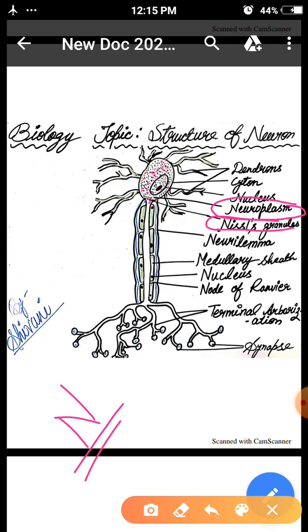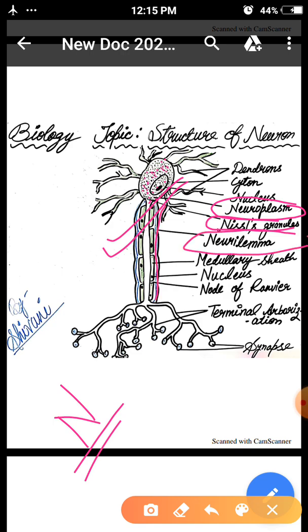And what is the main function of Nissl's granules? Actually, in a nerve cell or neuron, these Nissl's granules do protein synthesis. The main function of Nissl's granules is protein synthesis. Let's come to the term neurolemma. What is this neurolemma?